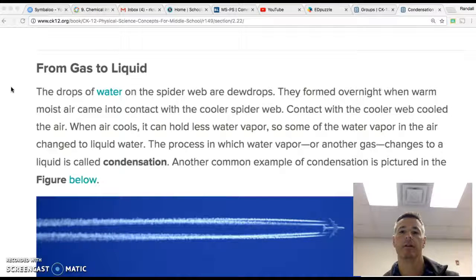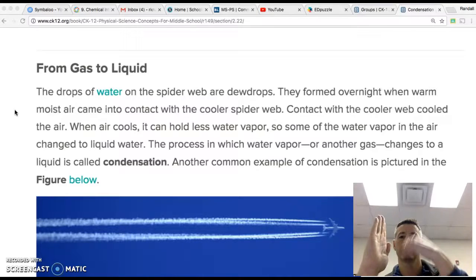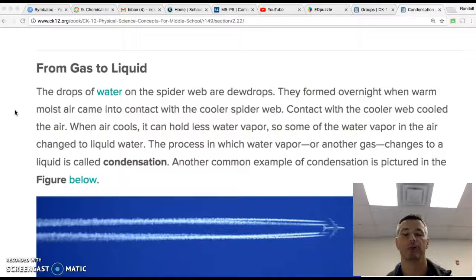Dewdrops. They formed overnight when warm, moist air came in contact with the cooler spider web. So you have warm, moist air, which is gas, and it comes up against the spider web, which would be colder. The contact with the cooler web cooled the air.